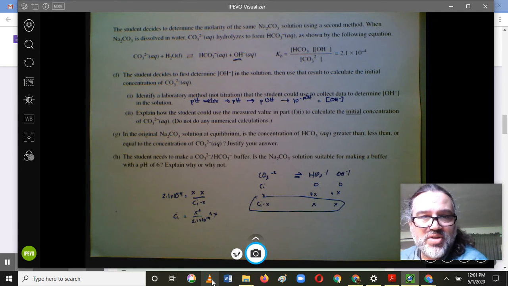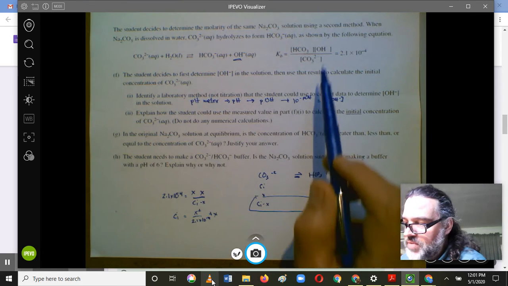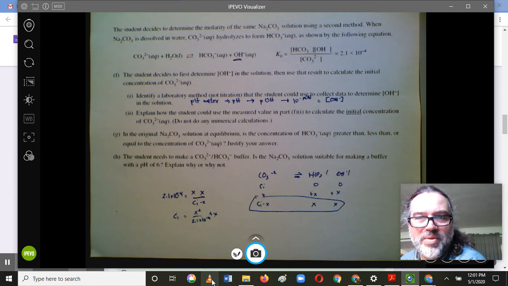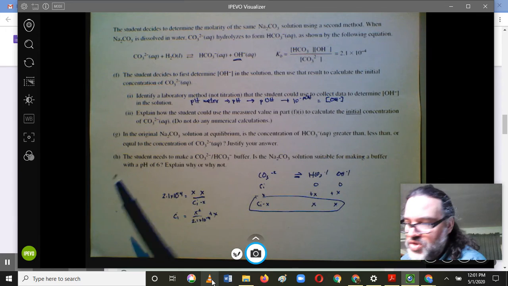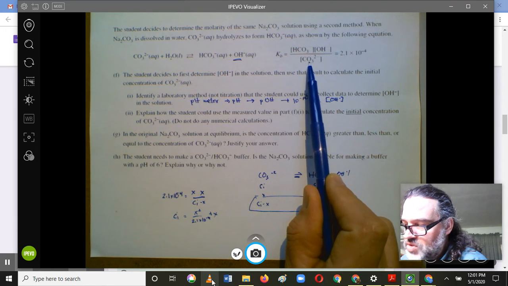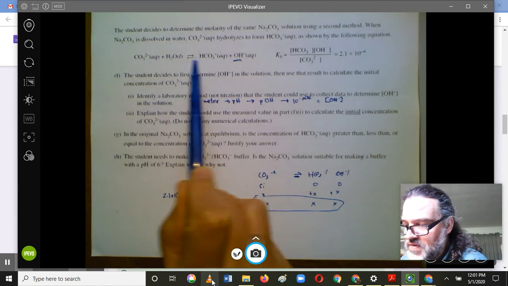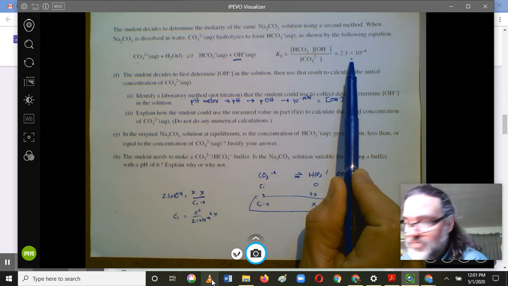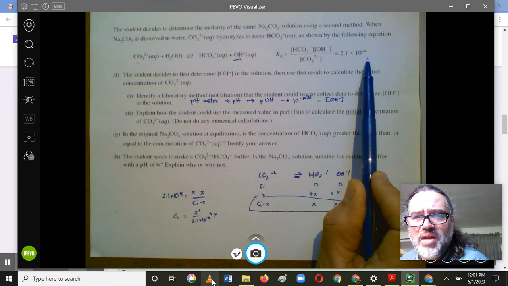Looking at G, it says the original sodium carbonate solution at equilibrium. Is the concentration of the HCO3 greater than or less than the concentration of the CO3 2-? Justify your answer. So it's basically saying in this solution at equilibrium, which we have this expression for, is the concentration of this greater than the concentration of that? And I would say no way. Look at this number: 2.1 times 10 to the negative fourth.